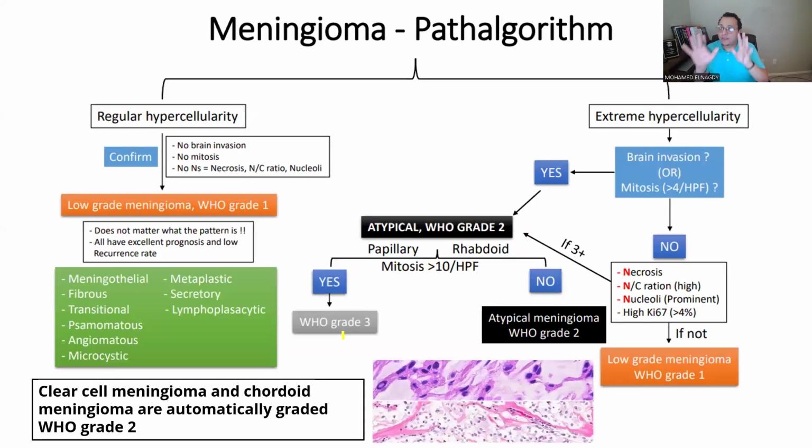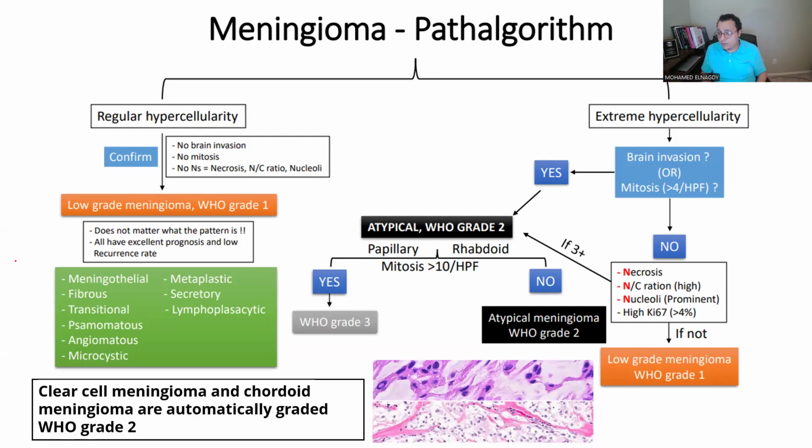This algorithm is very important, even for your clinical practice, not only for the boards. I believe for the boards, they would never bother to let you score a meningioma and tell whether it's grade 1, grade 2, or grade 3. I'm sure about it. But for the sake of your clinical practice and your daily function as a resident and as an attending, you might get a lot of meningiomas.